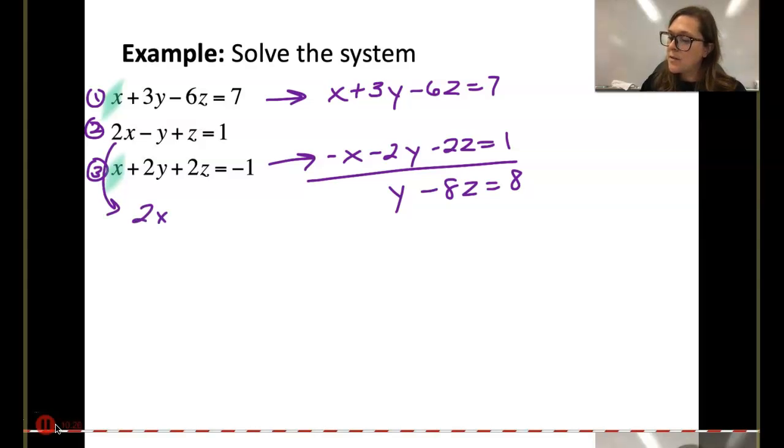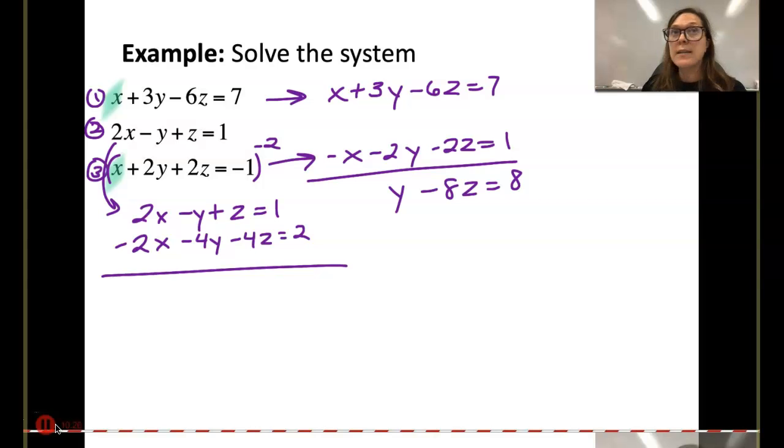So 2x minus y plus z equals 1. I'm going to multiply everything in line 3 by negative 2. So then I would get negative 2x minus 4y minus 2z is equal to positive 2. Adding straight up and down gets us negative 5y minus 3z equals 3.